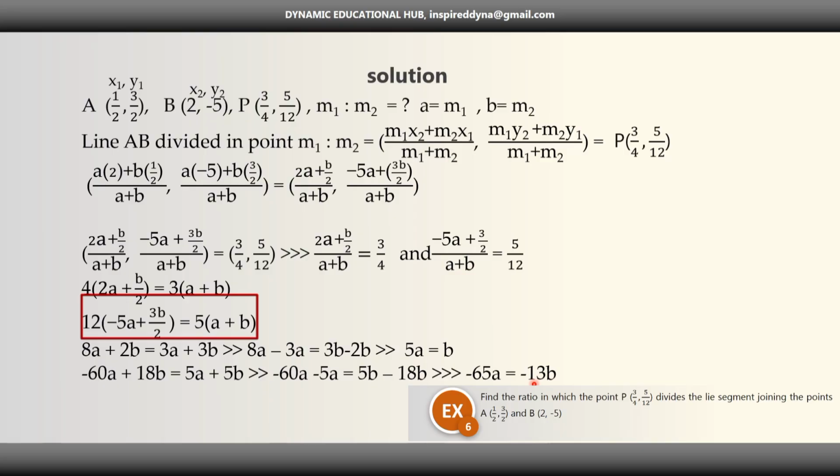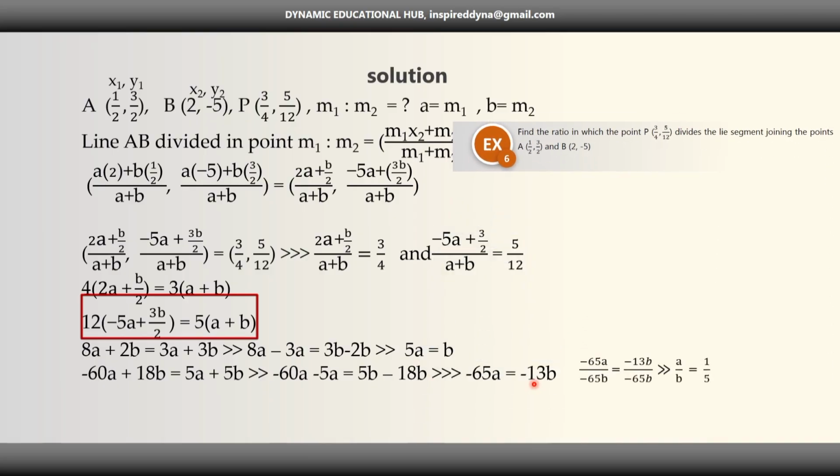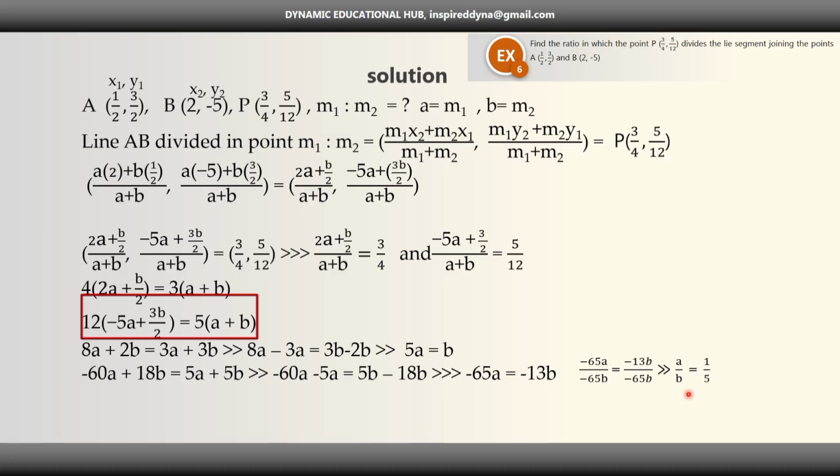So let's see how to solve that. Now this is how we are going to solve it. Let me explain this. Now we are finding the ratio of A ratio B, which is m1 ratio m2, right? Now you have an expression for them here. Ratio means division. So it's just like you are finding the value of A divided by B. So you want to find A divided by B, A ratio B. And to do that, you have minus 65 sticking with A. So you can divide both sides by minus 65.